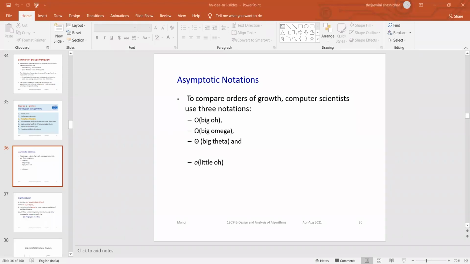How many orders of the growth are there? Seven. So can you name some orders of the growth we have seen?